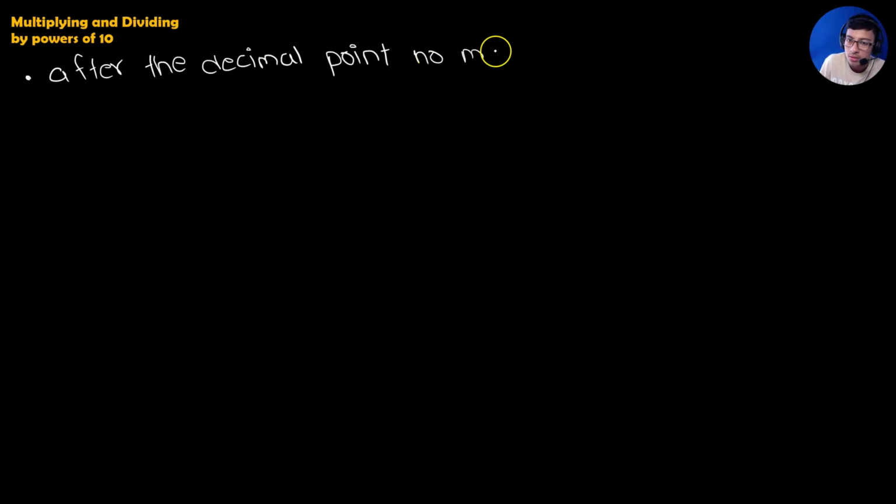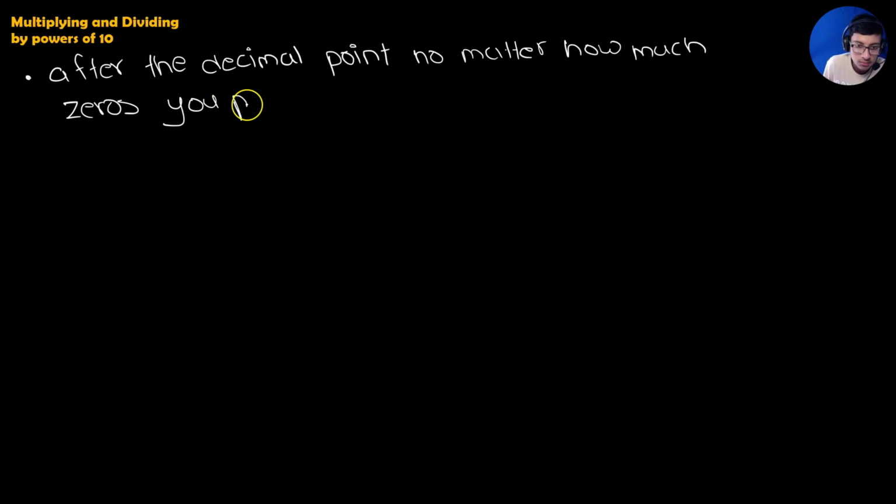Key reminder in this session is after the decimal point, no matter how many zeros you put, they are always equal, okay?